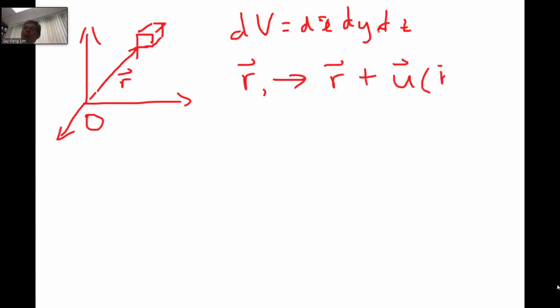This u would depend on R and possibly time, if it is time dependent. You can think of R as either the equilibrium position or the position at some time t naught that you pick.